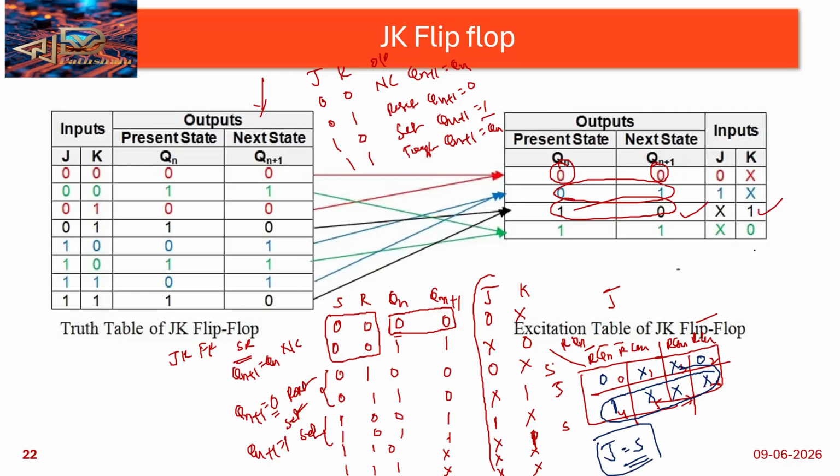And clearly, next the K operation. What is the K operation I got? So 0, 1, 2, 3, 4, 5, 6, 7.